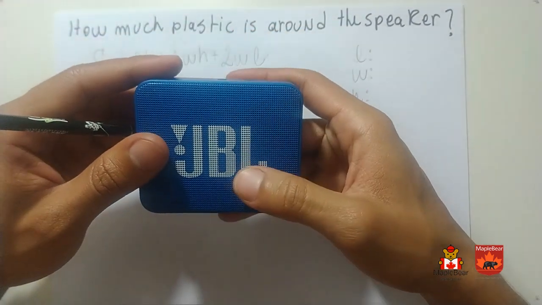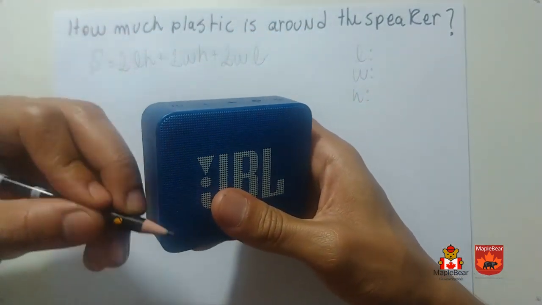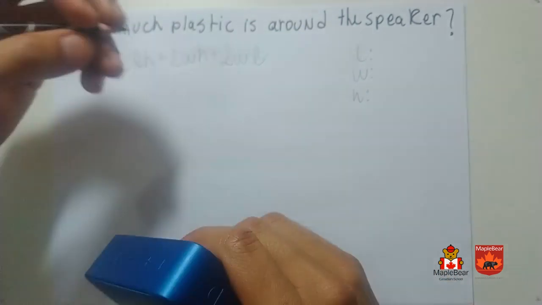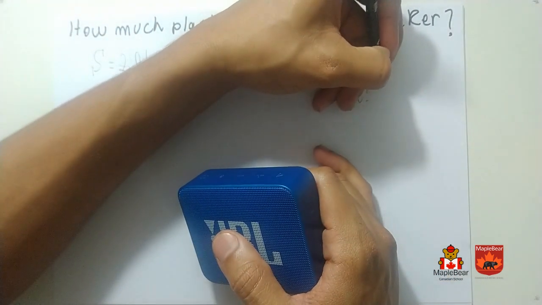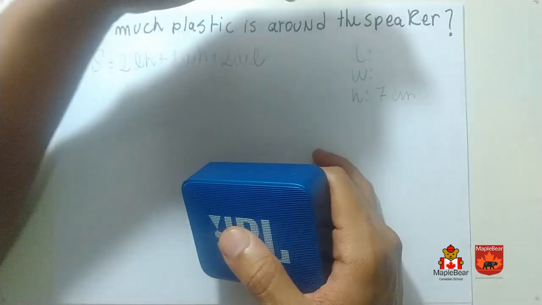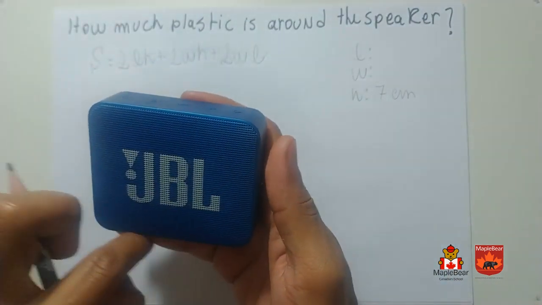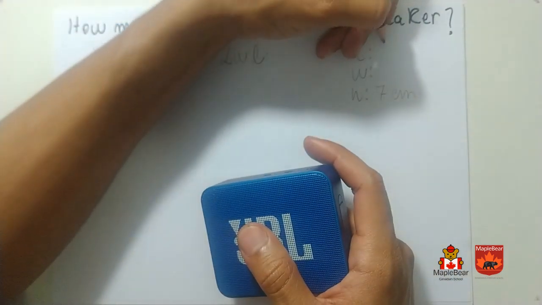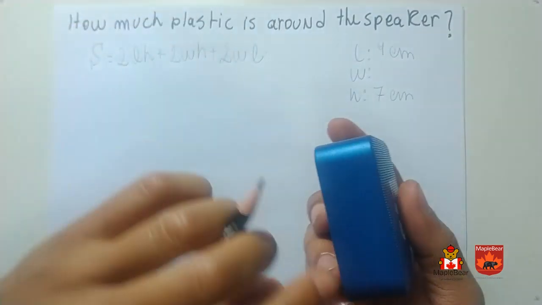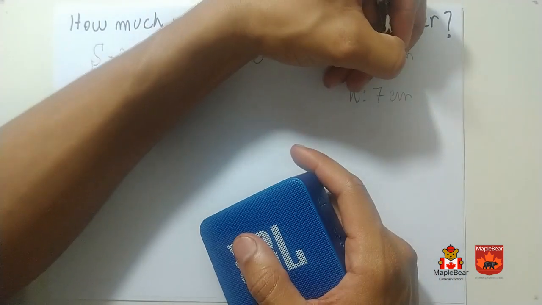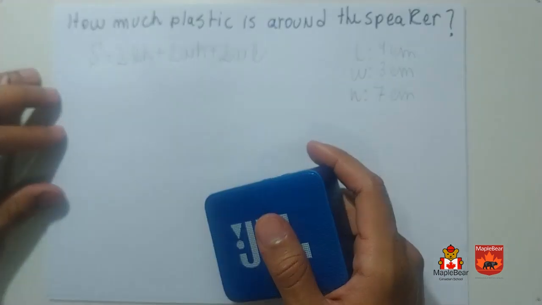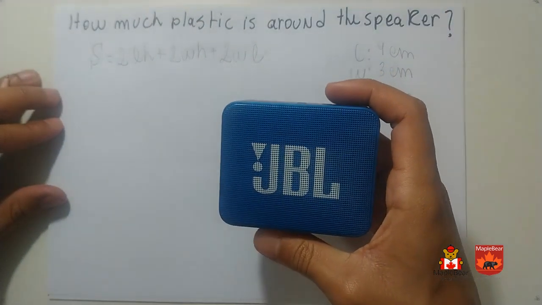So what is my height? If I consider my height as 7, as I said before, 7 centimeters. What's going to be my length? 9 centimeters. And what's going to be my width? 3 centimeters.